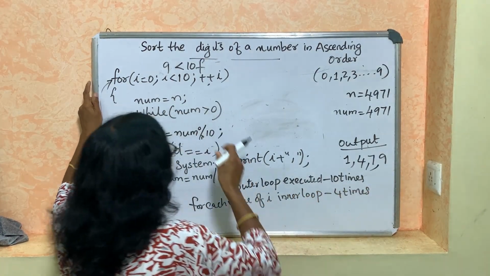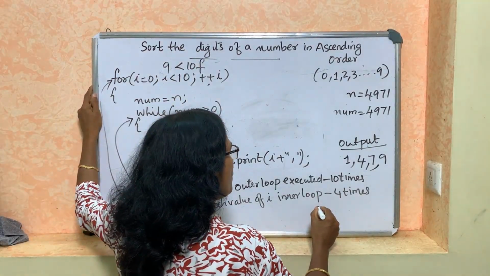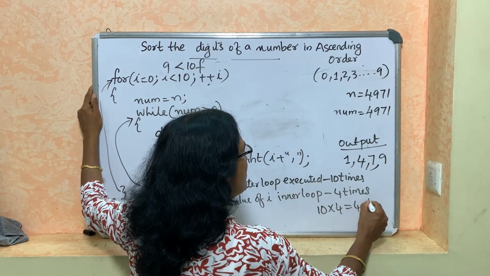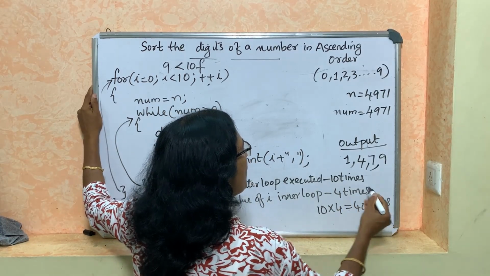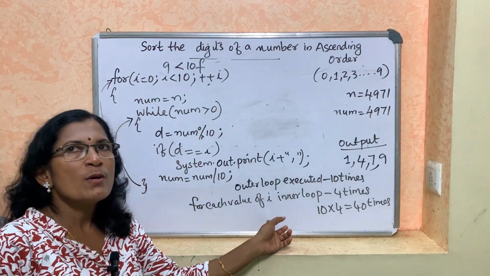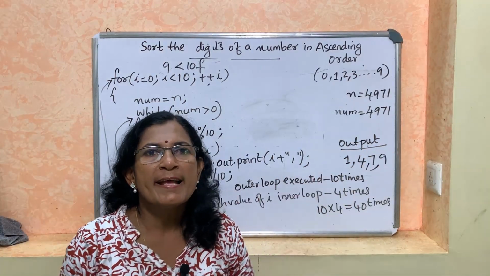So, when the nested loop completed all its iterations, inner loop repeated 10 into 4, 40 times. This is how the digits of a given number is arranged in the ascending order.